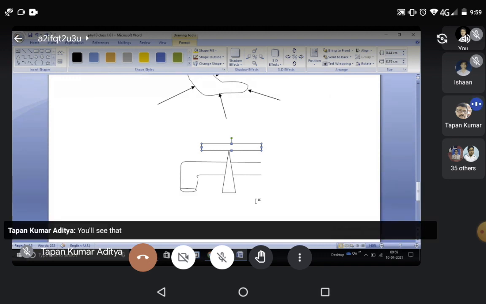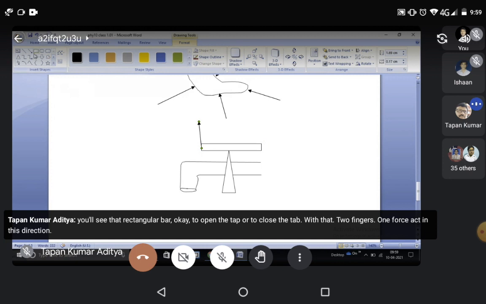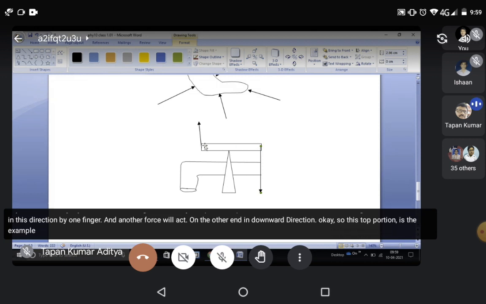You see the rectangular bar. To open or close the tap with two fingers, one force acts in this direction by one finger, and another force acts on the other side in the outward direction. So this top portion is an example of couple. With a single finger, you cannot open or close the tap. You must apply at least two fingers.